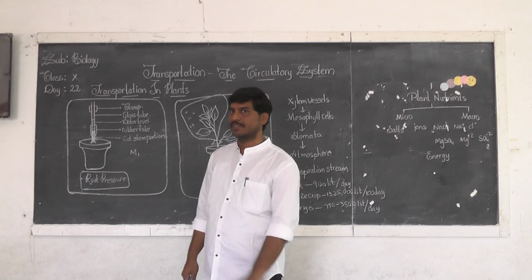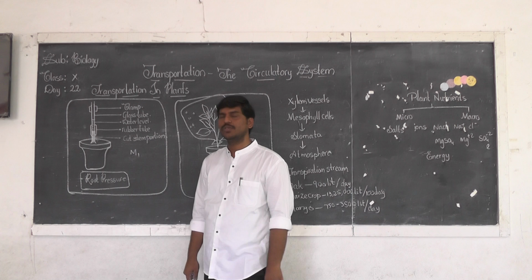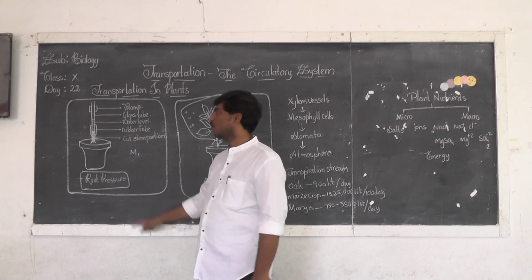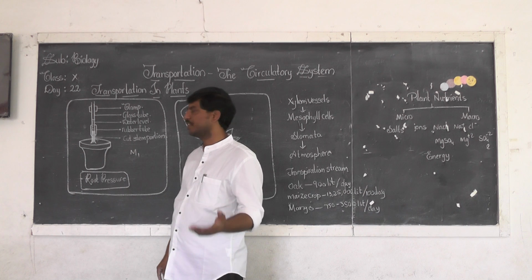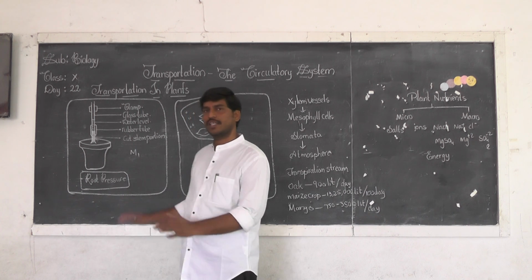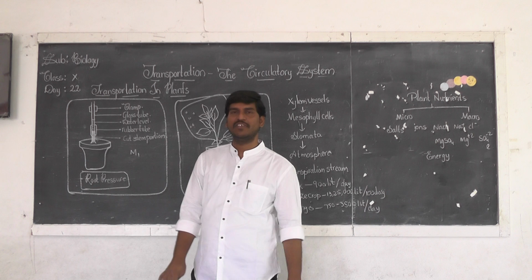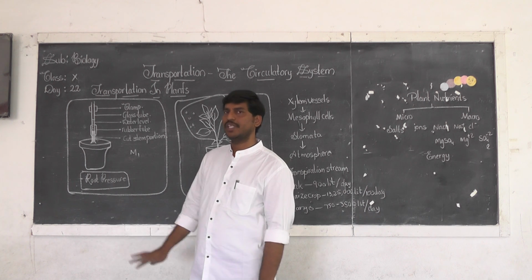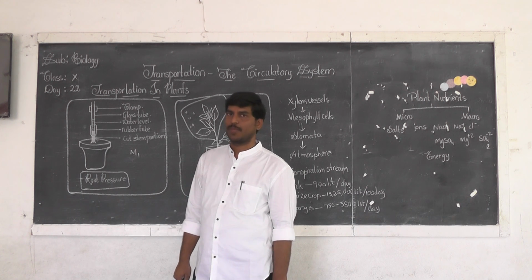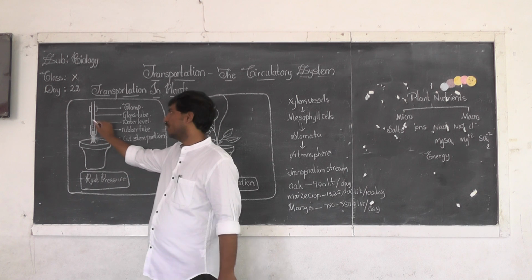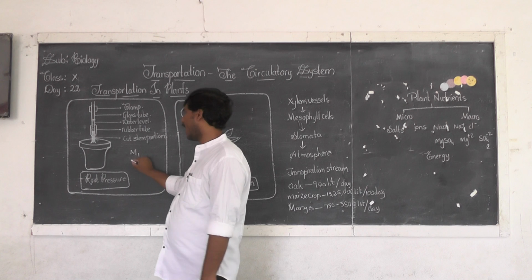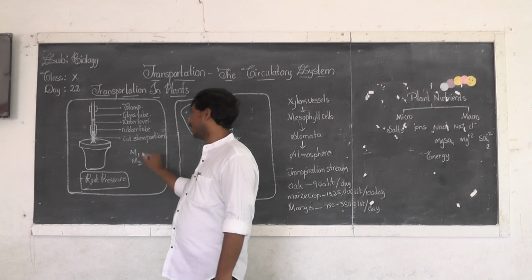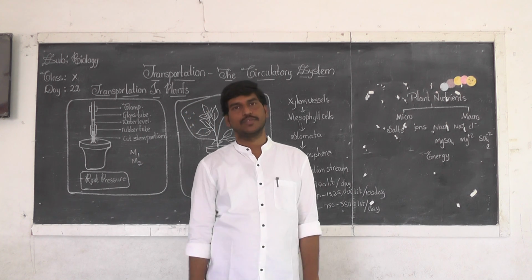Then what are we going to look for? The water is absorbed, as we have seen already, because of osmosis. We keep the entire apparatus without any disturbance for 2 to 3 hours. After that, when we observe, the level of water has increased, and we note that level down as M2.